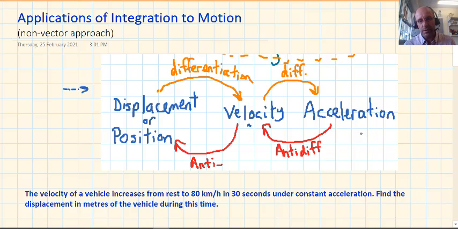Of course, if we're given the acceleration, we can find the antiderivative, integrate and get velocity. We can integrate velocity as a function of time, take the antiderivative and integrate to get position. And position and displacement are very closely related, and in this video we'll see examples of both being used.